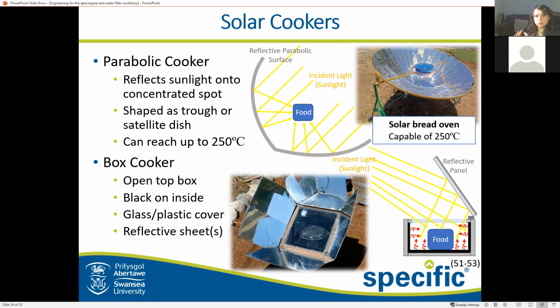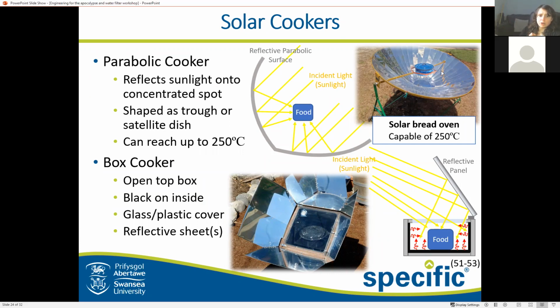As traditional fuels and electricity are quite scarce in some developing countries, alternative methods such as these enable people to cook food at pretty high temperatures. The parabolic and box solar cookers are regularly used and a great solution in sunnier countries.